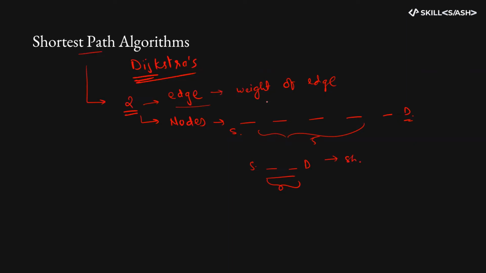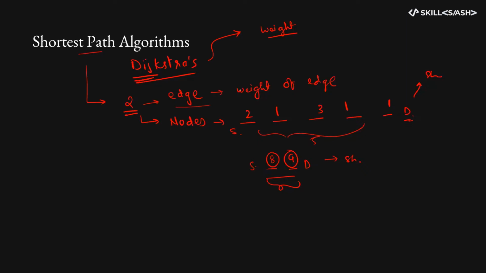Or if one path has weights of 8 and 9, but another has 1, 2, 3, 1, 1, then this is the shortest path. So based on the definition of shortest, the implementations can be different. But Dijkstra's algorithm is focusing more on what? Weight.